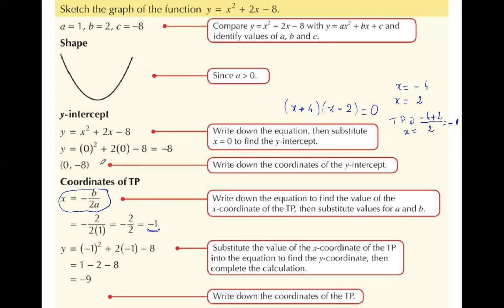So if you couldn't remember this formula, you could always get it back by finding the two roots, adding them together and halving it.